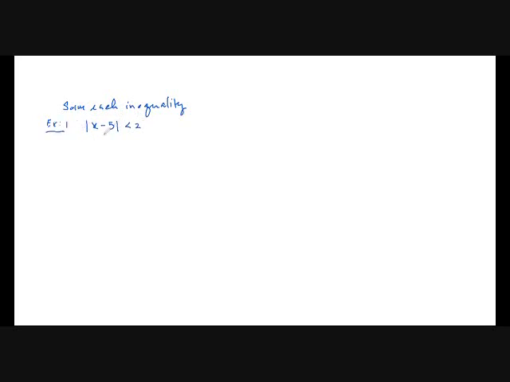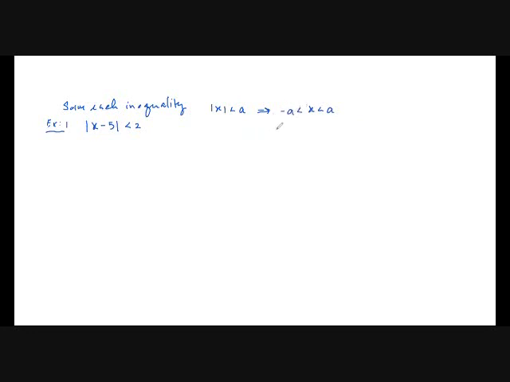So how do we solve for the value of x? Go back, and remember the previous definition we have. If we have absolute x less than a, then if and only if we have x less than a and x greater than negative a.